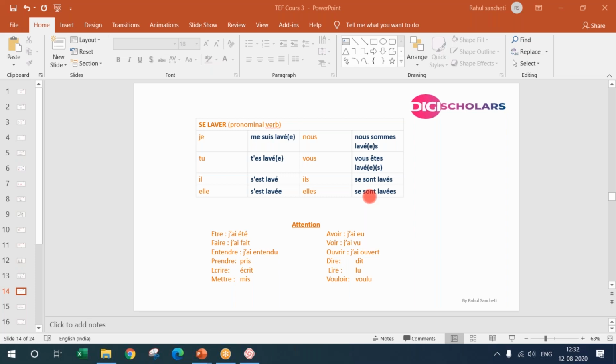Reflexive form is the same, but here you have another verb here. So we will look at some exercises so that it will be clear for you.